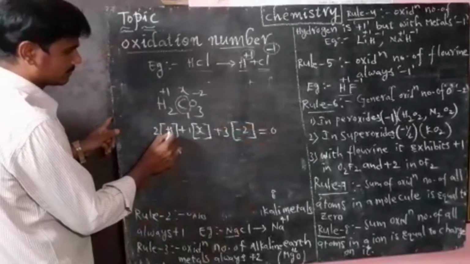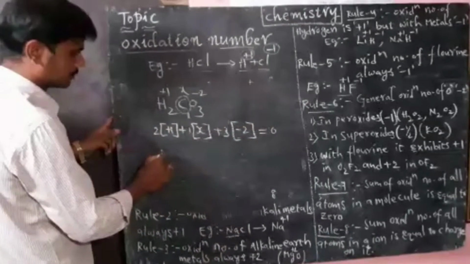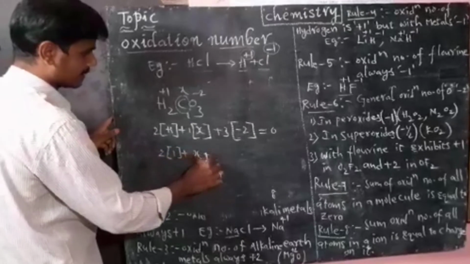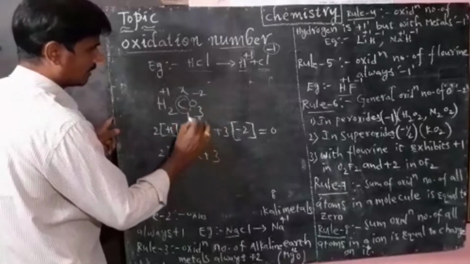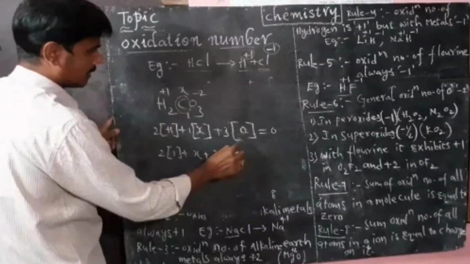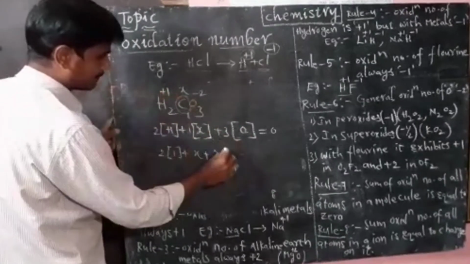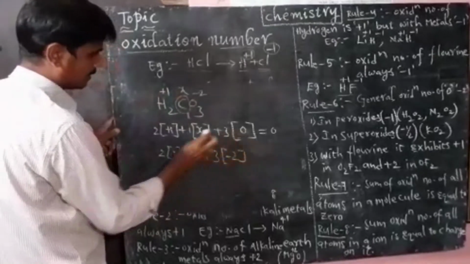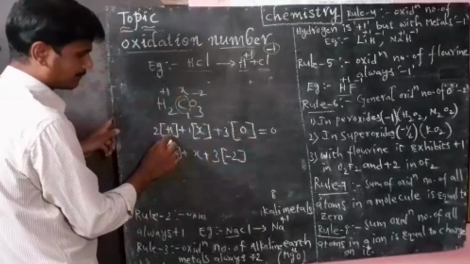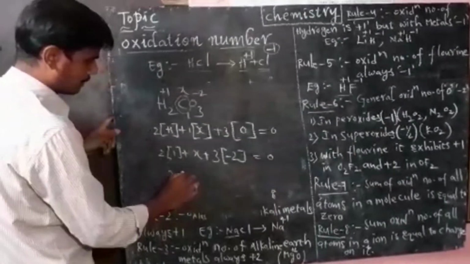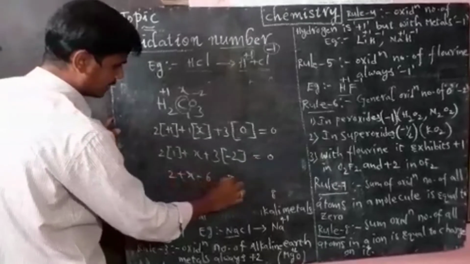So we substitute the hydrogen oxidation number here: 2 into 1 plus 1 into X plus 3 into -2, the oxygen oxidation number. So 2 plus X minus 6 equals 0.